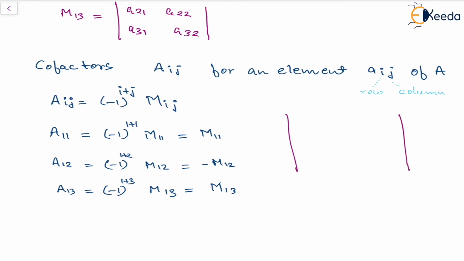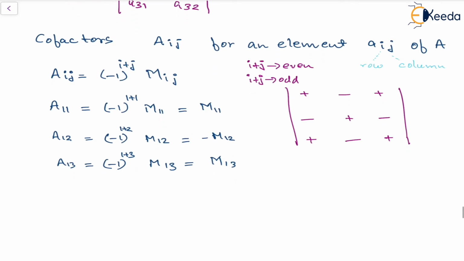That is, for i plus j being even, cofactor and minors are going to be the same. So it is going to be the first position, third position, this one, this and this. Whereas when i plus j is odd, it is going to be the negative of it, which is possibly A12, A21, A23 and A32. Similarly, we can try to find it for second order also.